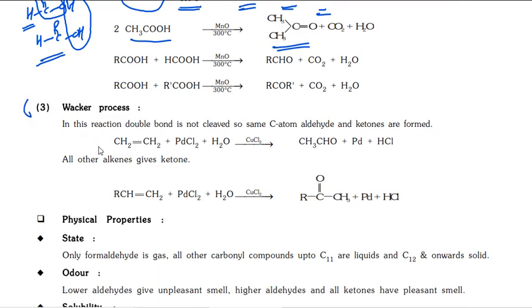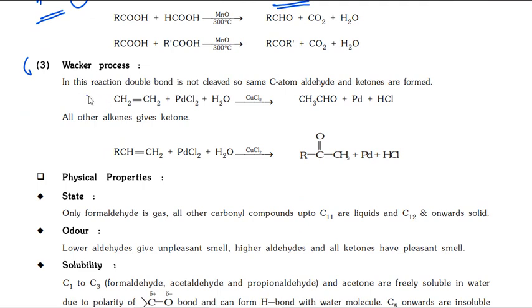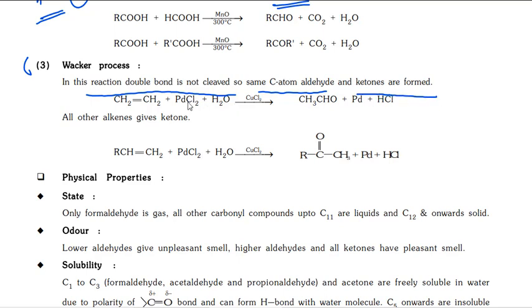The last method is Wacker's process. In this reaction, the double bond is not cleaved, so on the same carbon atoms aldehyde and ketones are formed. See here, a 2 carbon chain is there, here also a 2 carbon chain is there, but one carbon is turned to aldehyde.